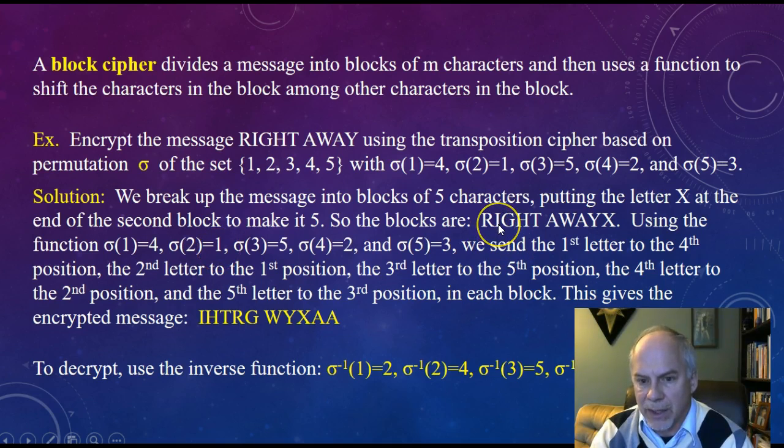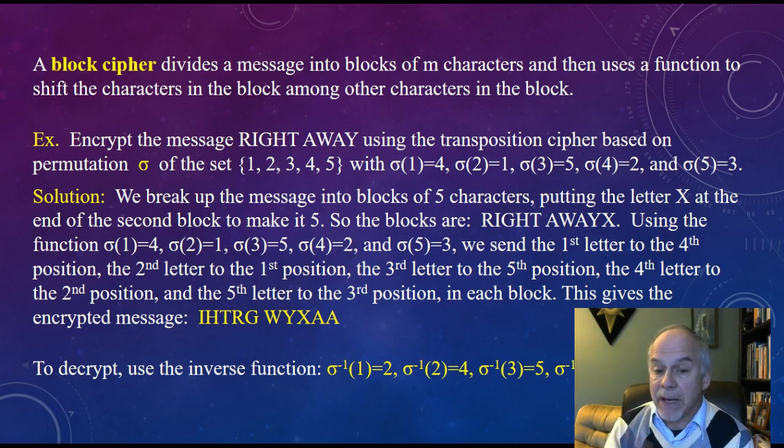So the second letter was the letter I, and that goes into the 1st position. And then the third letter will become letter 5. So the third letter was G, so that is in the 5th position. So that was done in the first block. And then the same process was done in the second block. So you end up with this encrypted message.